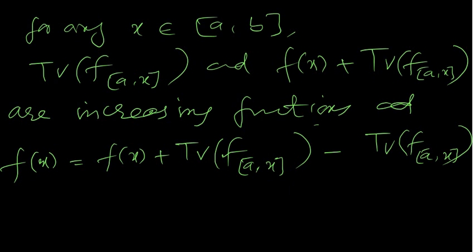So we can write this in brackets here. So fx can be written as the difference of two functions, and both are monotonic increasing. So whenever f is of bounded variation, then f can be expressed as the difference of two monotonic increasing functions. Now we prove its converse.